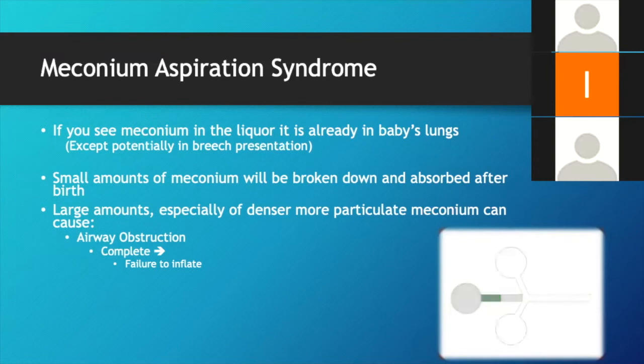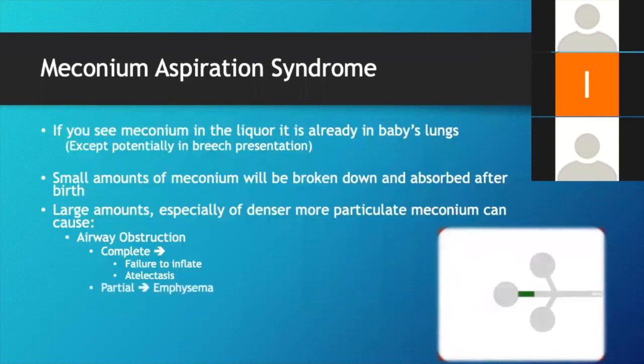Or it inflates at the beginning, pushes a bit of meconium through, and then as the baby tries to breathe out again, it blocks, and that area gets blocked off, the air is absorbed, and it ends up with atelectasis.